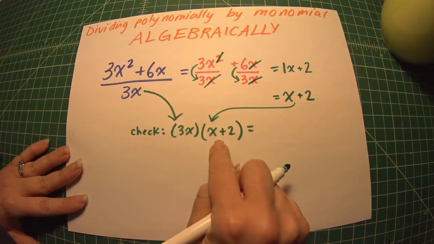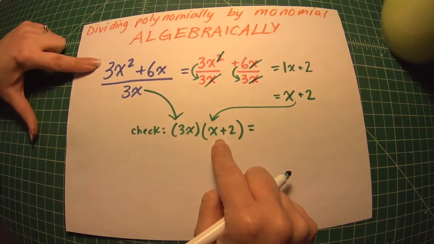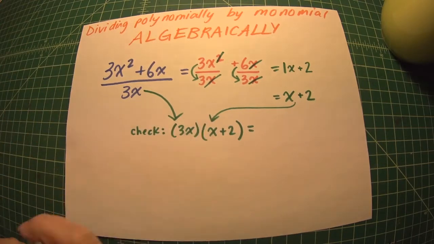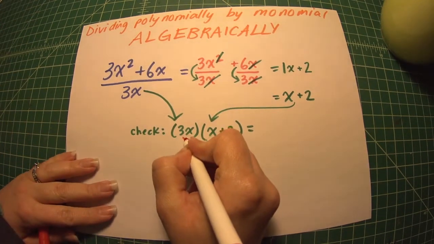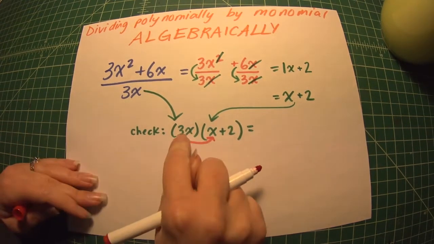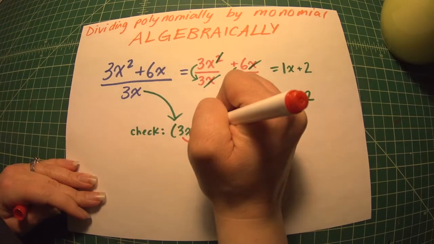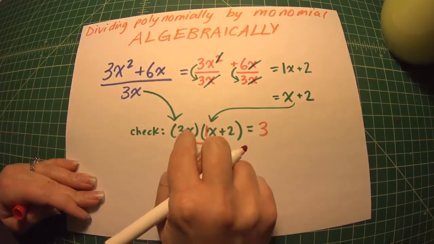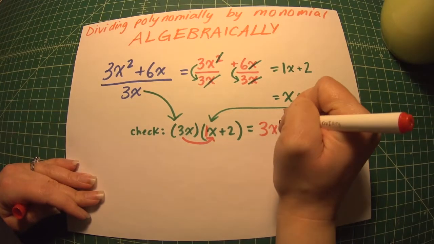And we're going to use the distributive property to check if it actually comes out to what we originally started with. So let's take a look here. So 3x times x, first of all. So 3 times, remember, there's a 1 there. 3 times 1, 3. X times x, x squared.